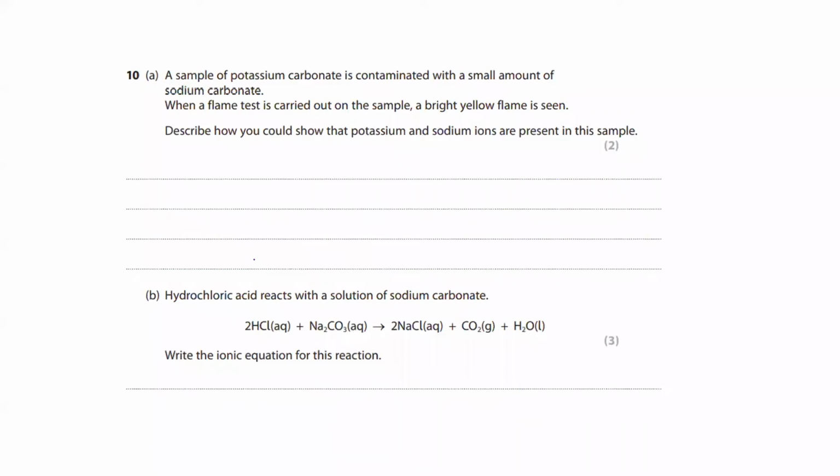A sample of potassium carbonate is contaminated with a small amount of sodium carbonate. When a flame test is carried out, a bright yellow flame is seen. Describe how you could show that potassium and sodium ions are present in this sample.